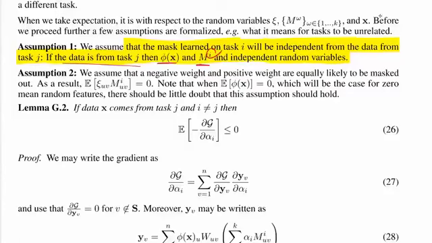Sorry. The second assumption you need is that we assume that a negative weight and a positive weight are equally likely to be masked out. Okay, so this again you can think of with some regularity. This is certainly going to be given in a randomly initialized neural network. Note that when the features are 0, which will be the case for zero mean random features, before I said this was your neural network, this is your random neural network, right?